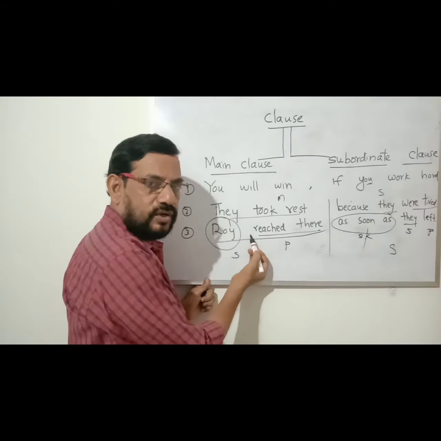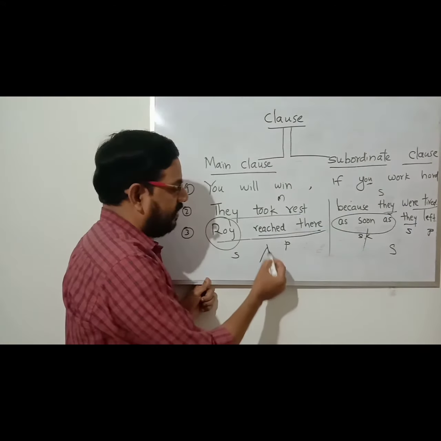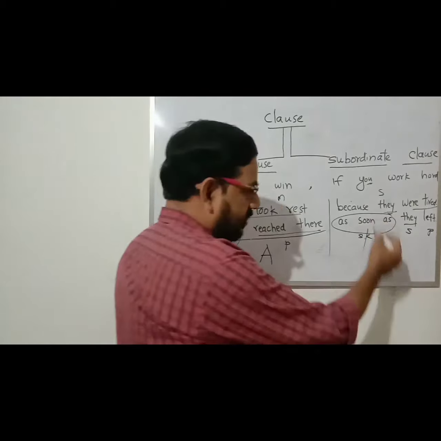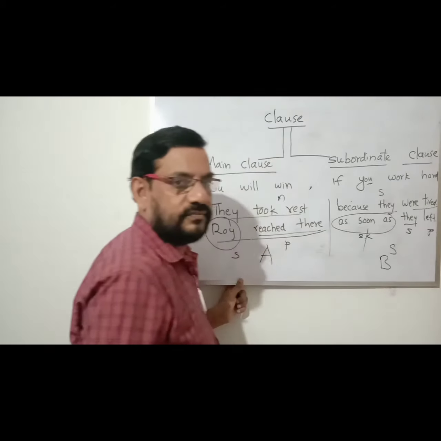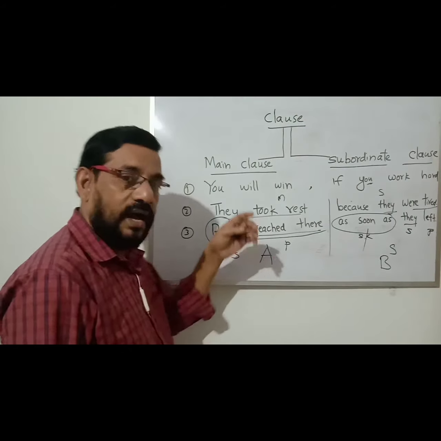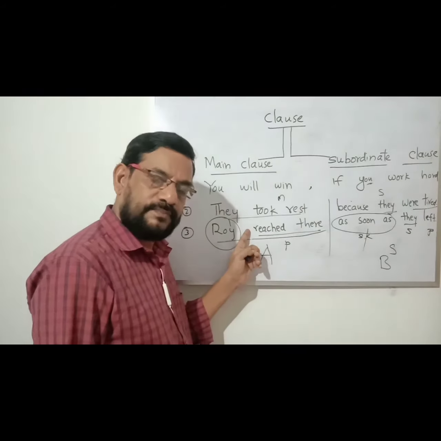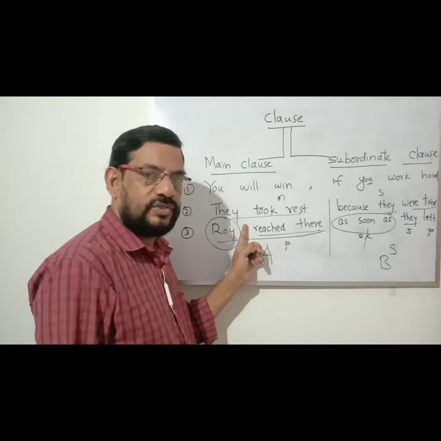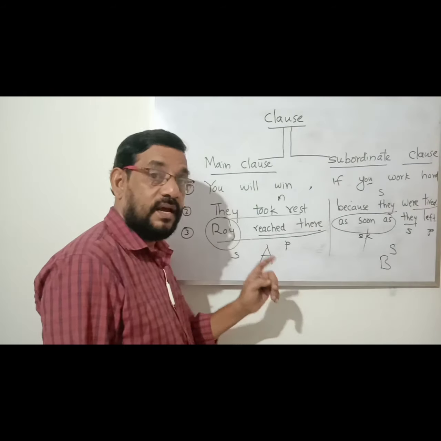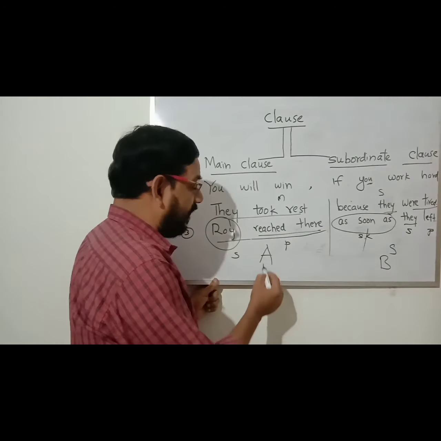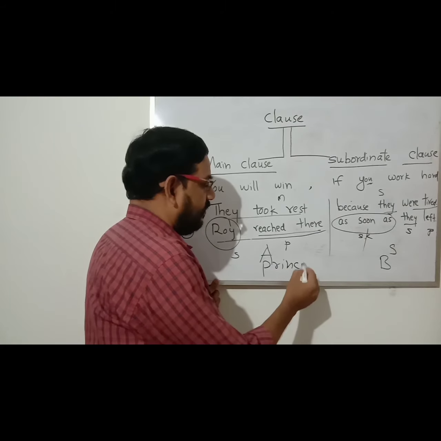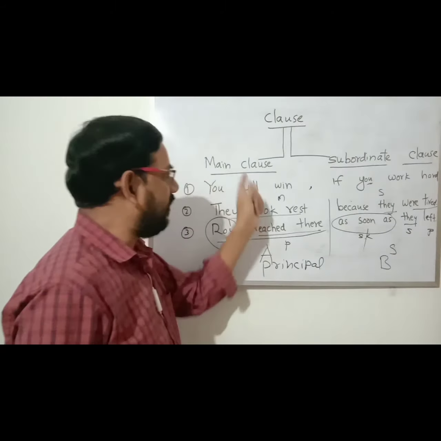And there are two other names for these two clauses. This main clause is also named A clause, capital A clause, and this is B clause. So the main clause has other names also in grammar: main clause, independent clause, A clause, and another name, principal clause. Principal means main.